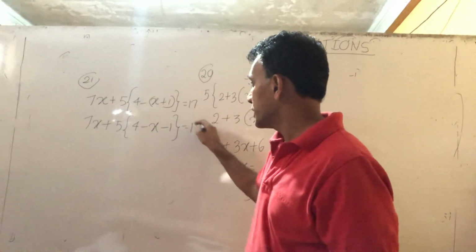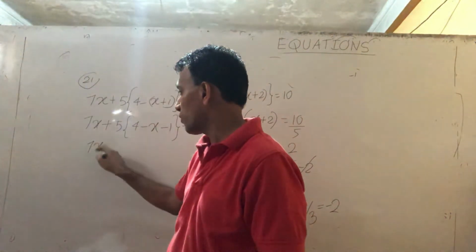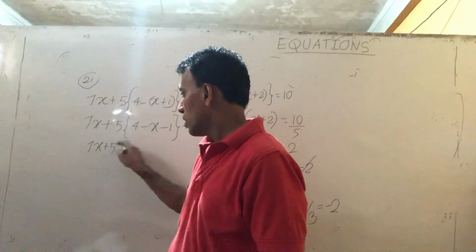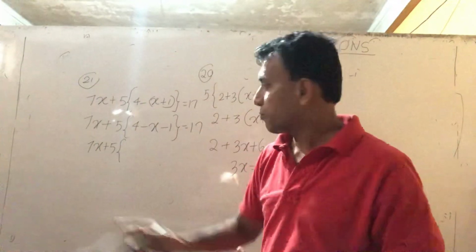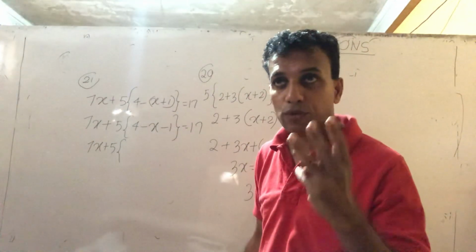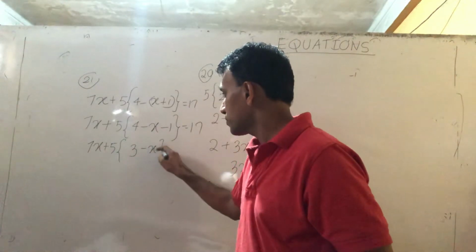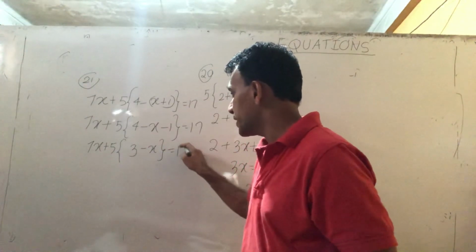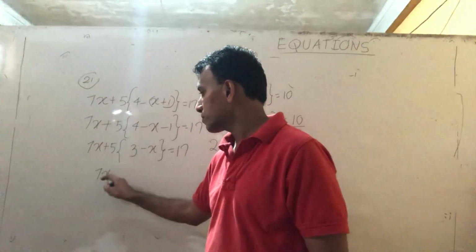Then what? 7x minus 5. Inside the bracket better you simplify. That means 4 minus 1, 3 minus x, equals 17. Long problem.